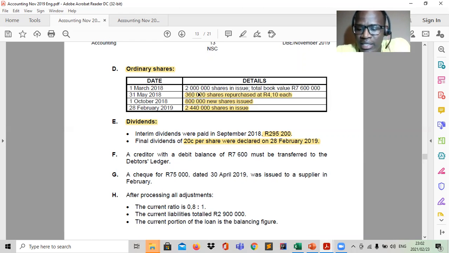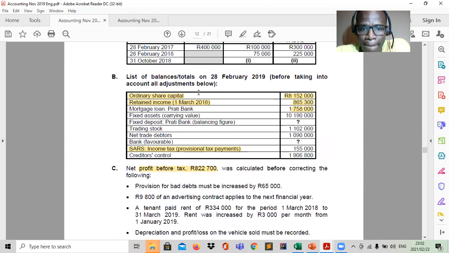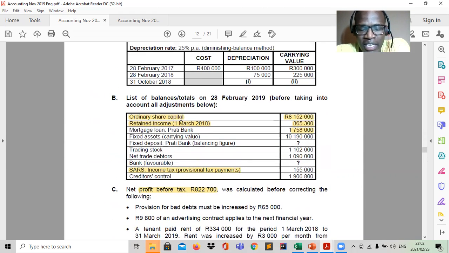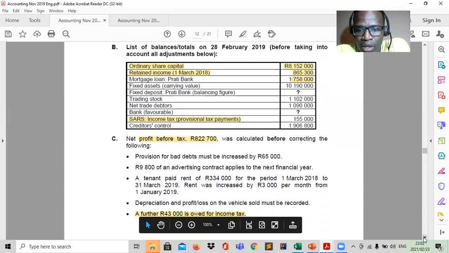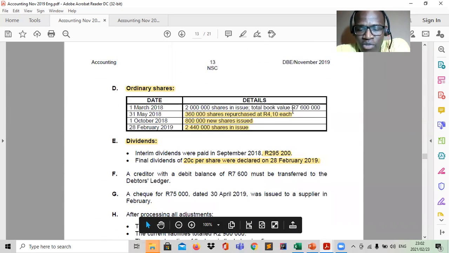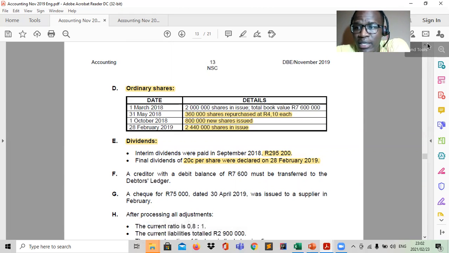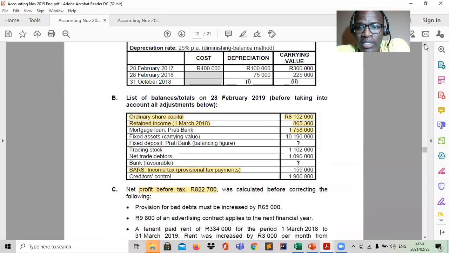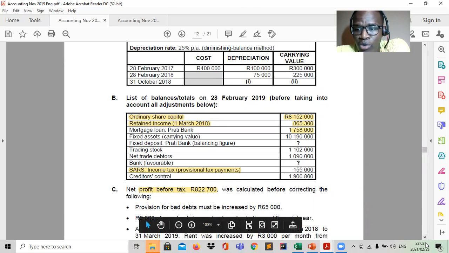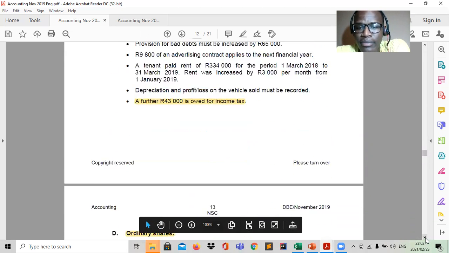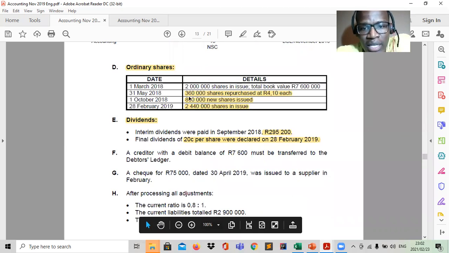Then it means this balance that we see here of ordinary share capital is not the balance at the beginning of the year, right? Remember here, we are told that at the beginning of the year it was 7,600,000, right? So it means this is the balance as at the year end, right? Because with the available information, we are not told how much these shares were bought at.